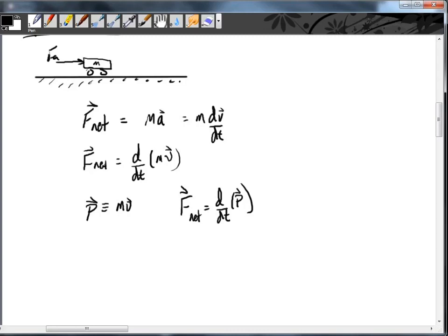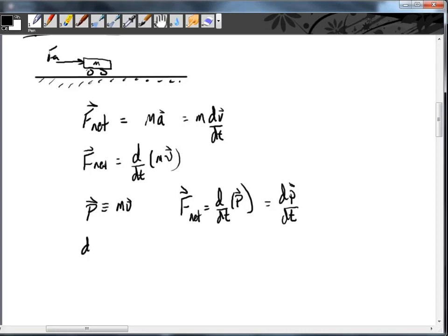Now, the fundamental theorem of calculus, if you guys remember this, tells us that the derivative and the integral are inverse operations of each other, and you can go back and forth the same way we can with multiplication and division. So we can take this dp/dt and treat the dt as a fraction in and of itself.